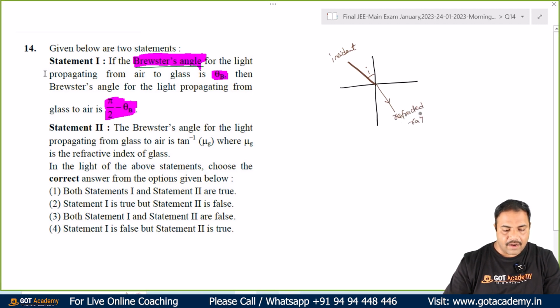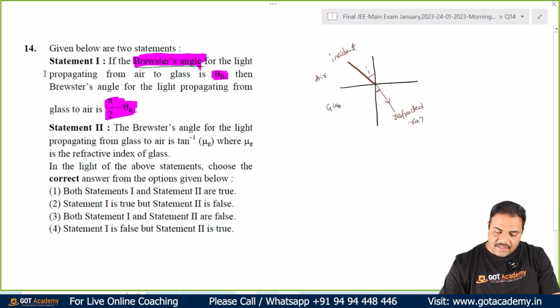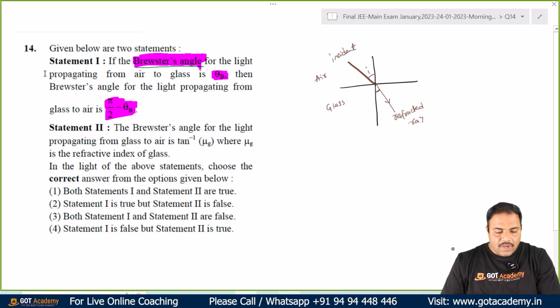This is the angle of refraction. Now, for the light propagating from air to glass, let me say this is air and this is the glass medium, the Brewster's angle is theta b. So let us check it.